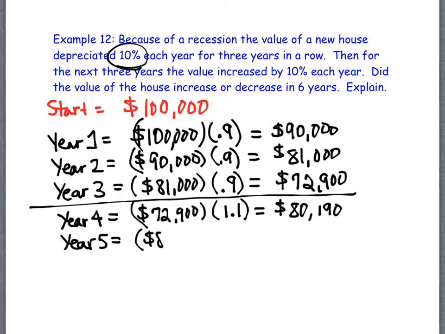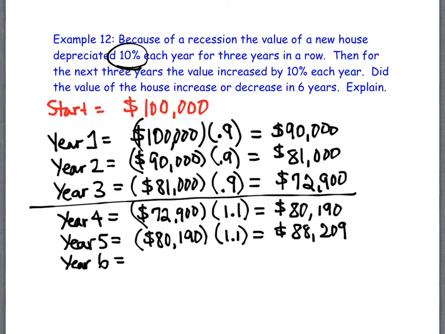All right, I've got my 80,190 times what? 1.1. Good. And this will be our last step, year 6, because it only talked about doing it in 6 years.